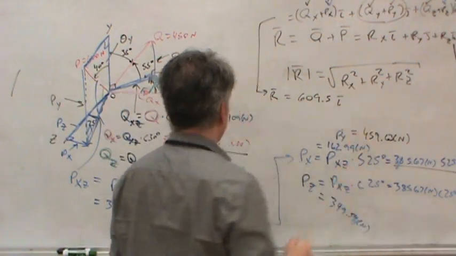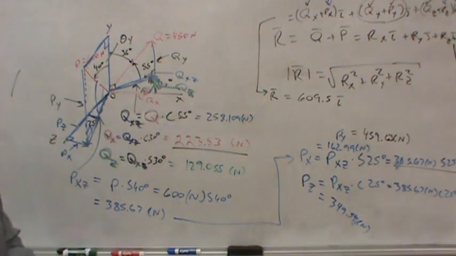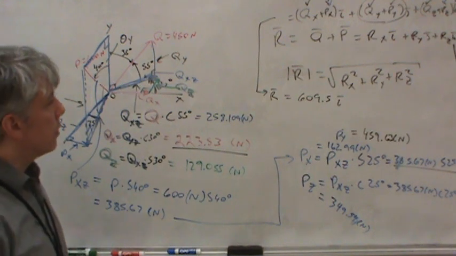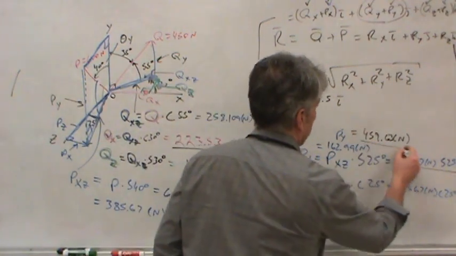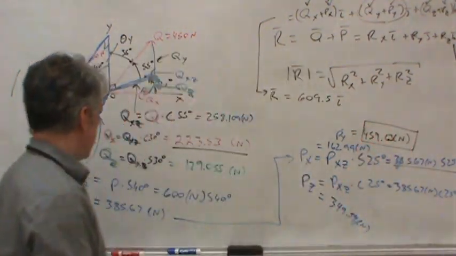And that's in the i direction. Seem reasonable? It's PX, so yeah, that seems reasonable. Good. Okay. How about the Y components? So PY here plus QY.